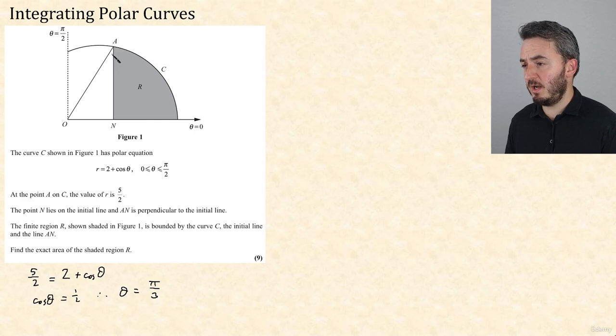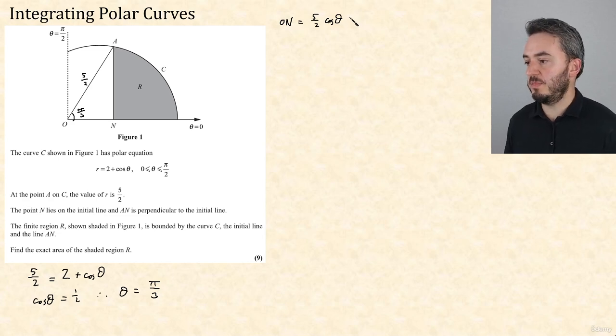And you know what, I can actually work out the area of the triangle already, because if theta is pi over 3, and r is 5 over 2, I can work out what ON is and what AN is, and therefore the area of the triangle. So ON is 5 over 2 cos theta, which is 5 over 2 cos pi over 3, so that's 5 over 4.